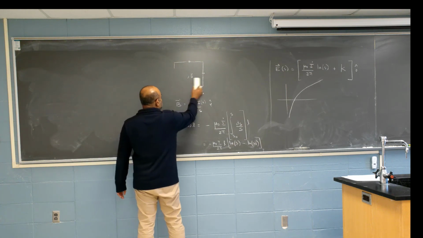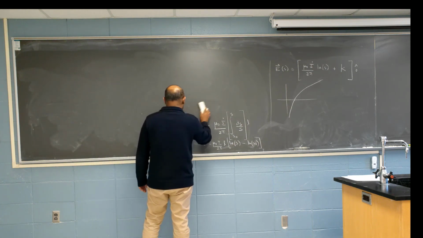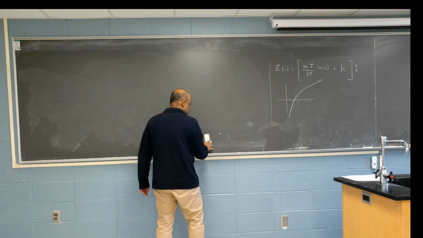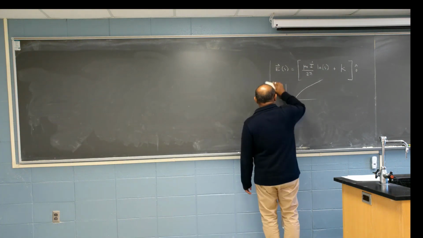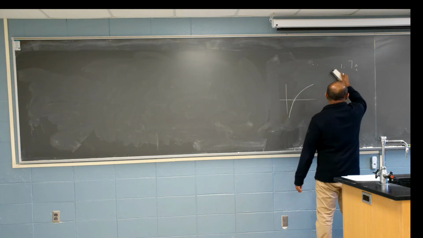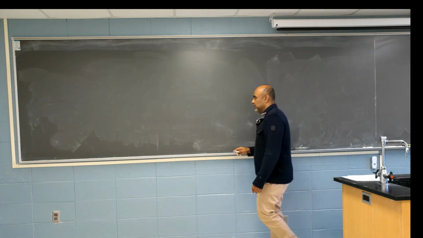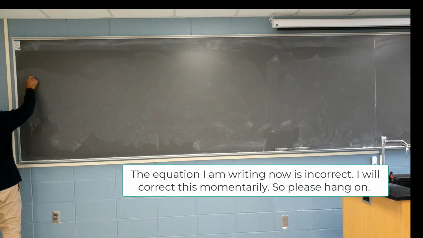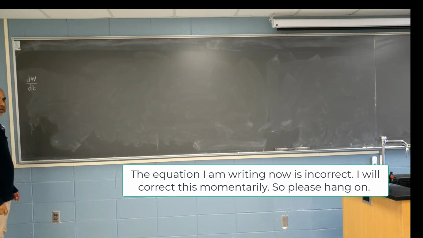We've had a couple of conservation theorems. I'm going to write it down for my own recollection. So first was dW/dt. This is the rate of doing work.